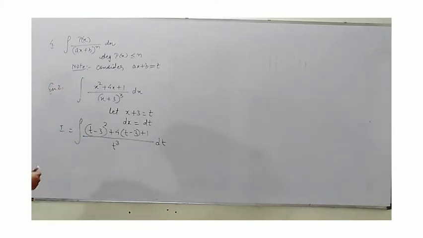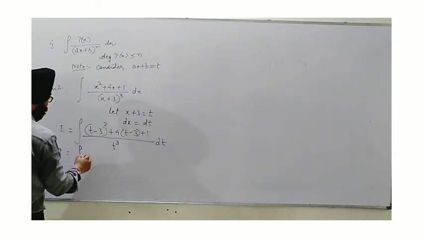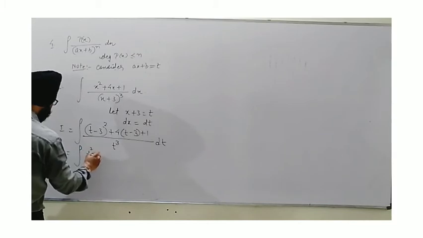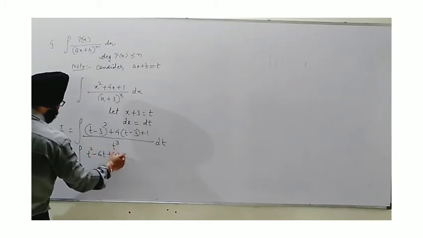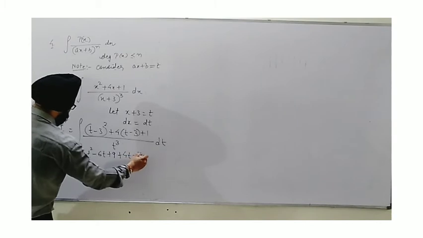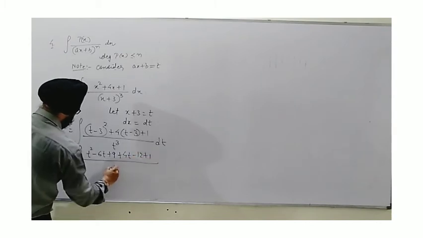Okay, so here we go. This is (a minus b) whole square, so we get t square minus 6t plus 9 plus 4t minus 12 plus 1, divided by t cube.